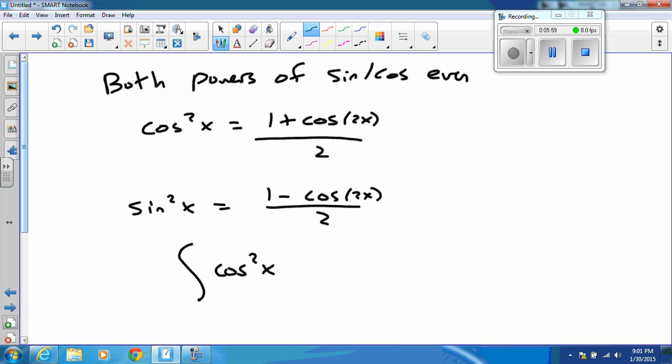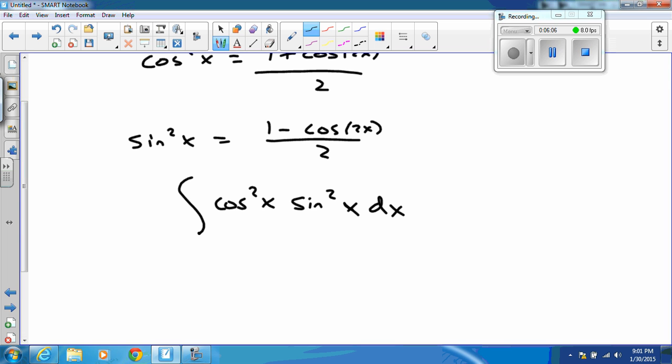So if I have something like the integral of cosine squared x sine squared x dx, then because both of my powers of sine and cosine are even, I am not going to be successful at peeling off a factor of sine x to be a du, or a factor of cosine x to be a du. You're welcome to try that, by the way, and you'll see exactly why that is so.